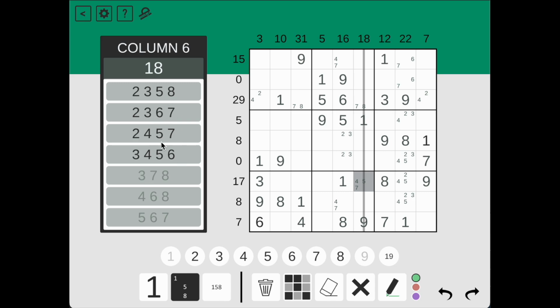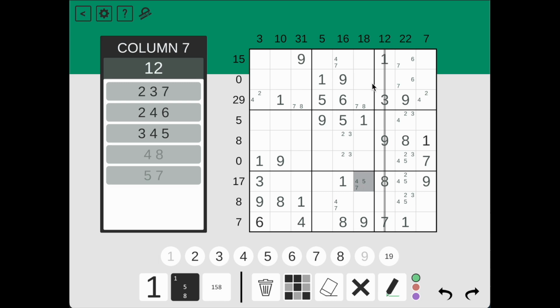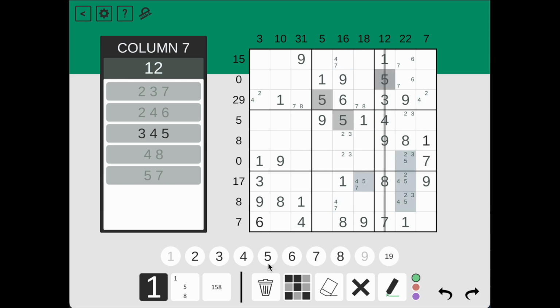So any of these is still an option. Okay, and this has a 3, so it can't be that. And there's an 8 and a 7 down here, so it can't be this one. So 3, 4, 5. This row has a 5, so this is the 4. That makes this the 5.